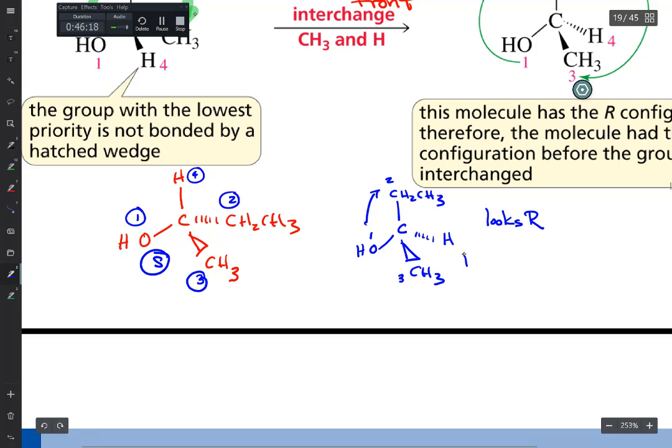So what I did is I drew the enantiomer by moving the 4 group to the back.